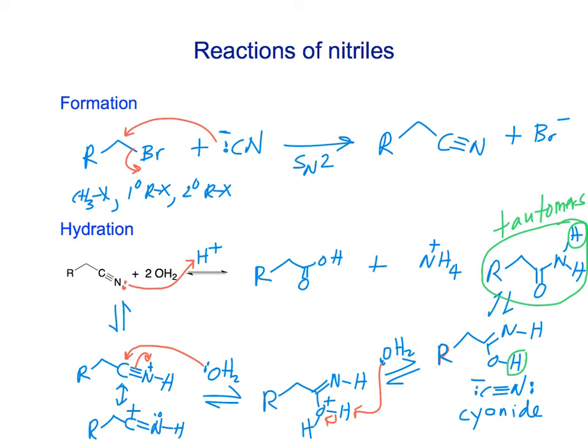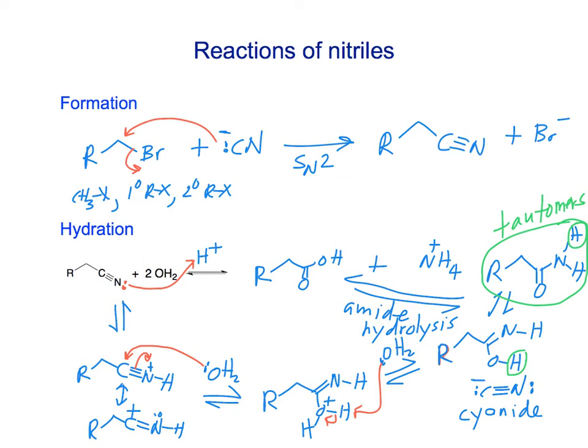And then it's just going to continue. We've already looked at the hydrolysis of amides, right? So we just continue on, and we're not going to go through all of that. So this part is just amide hydrolysis.